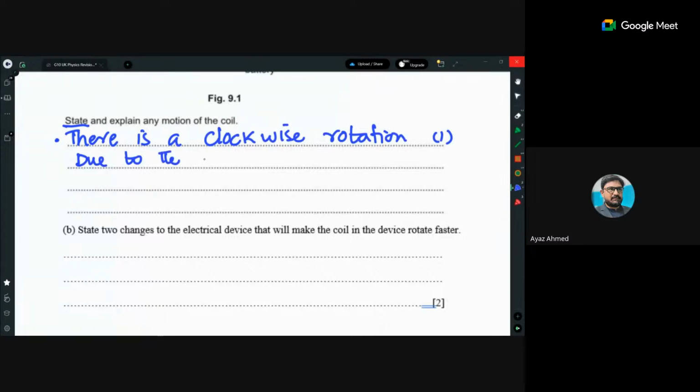the interaction of magnetic field of the coil and magnet. Do you understand what is meant by interaction of?